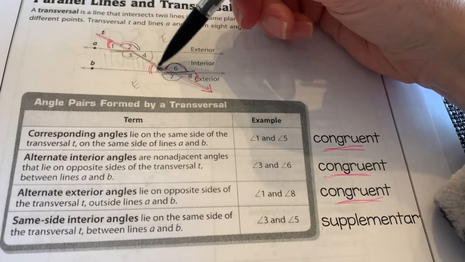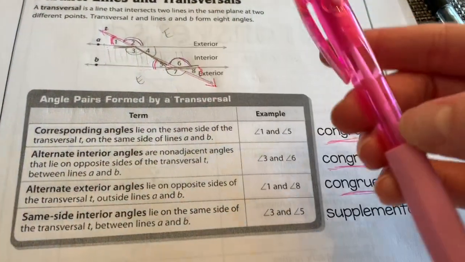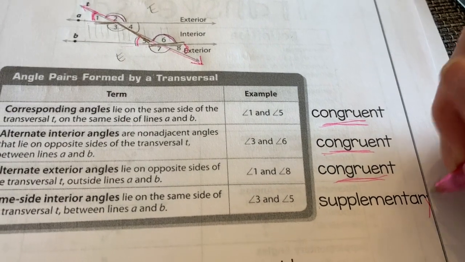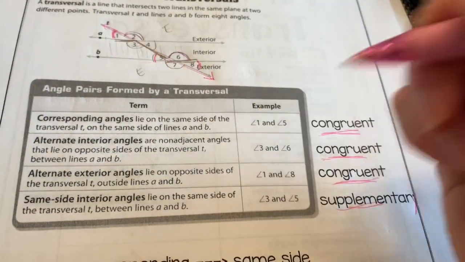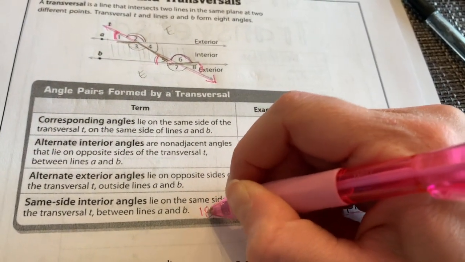So like 3 and 5, and then 4 and 6. They are the only types of angles that we're defining here that are not congruent. They are supplementary. My Y got cut off here. They're supplementary. And if you recall, supplementary means that they add up to 180 degrees.